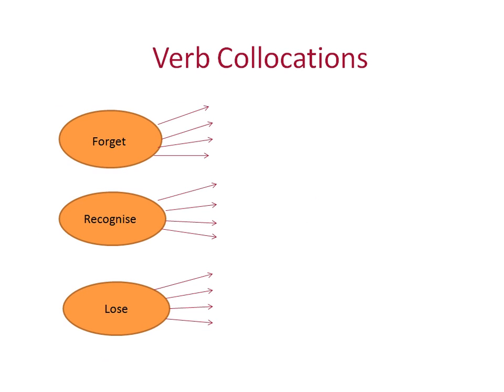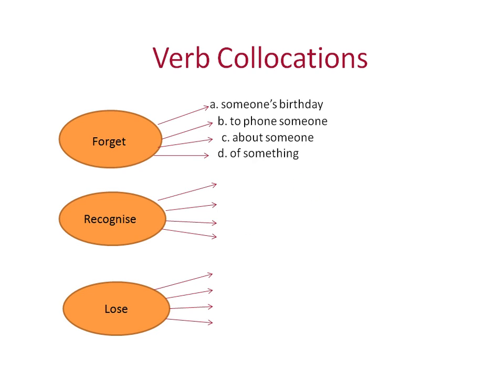The fourth given verb is forget, ينسى. The first phrase, someone's birthday. Then, to phone someone. The third, about someone. The last phrase, of something. Which phrase is wrong? The last phrase. Let's see.